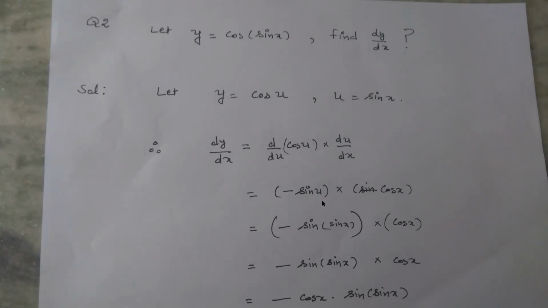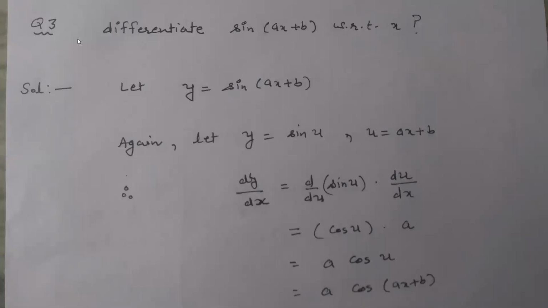Now the original value of u is sin x. From here this is taken, so it becomes minus sin x into cos x. So the final result is minus sin(sin x) into cos x. So we can also write this as minus cos x into sin(sin x).